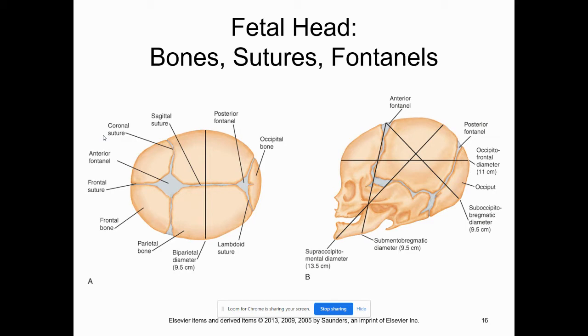And so you can see that it's a very tight fit for the baby. If you look exactly across the forehead, the occipitofrontal diameter, that's 11 centimeters. If you have a baby being born whose chin is not tucked into its chest, then that supraoccipitomental diameter is 13.5 centimeters. So that's going to be a real tough one there.